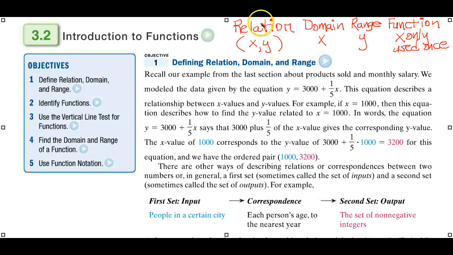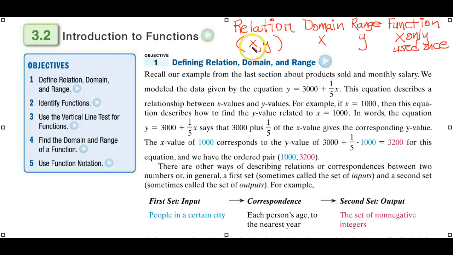Now, a relation indicates that somehow things are connected to each other. So I think it's pretty obvious that when you see an ordered pair that we talked about in the previous lesson, these are connected. If you have an x value and a y value, you put it on a graph, it's a particular point. So a good example of what a relation is the ordered pair.